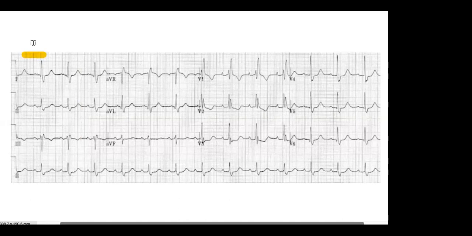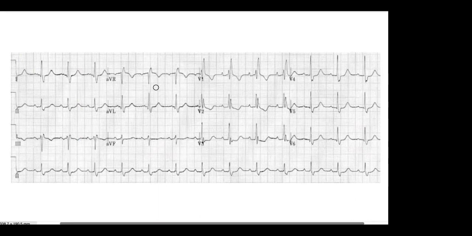The kind of pathology that you look for in the QRS complex, first of all, is the time. Is it within the physiological range, less than or more than 120? If that's the case, what is the morphology of the T wave?